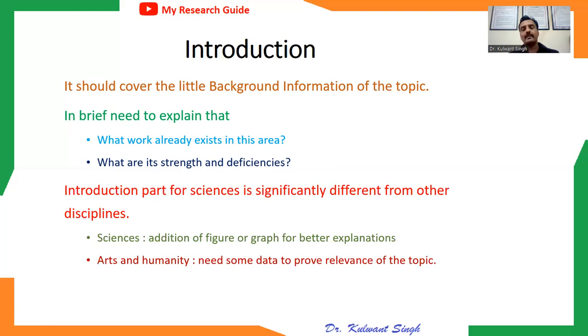In sciences, we can use figures or graphs for better explanation of the existing knowledge. In arts and the humanities, there is a need of some data to prove the relevance of the topic.